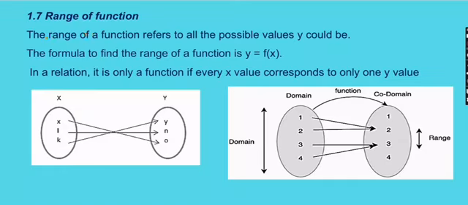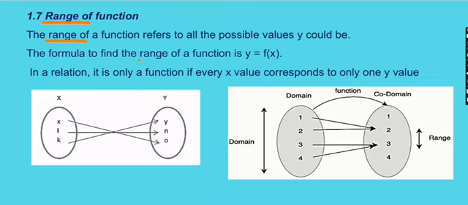Now we will see the diagrammatic representation of a function. This diagram will be helpful to know how x is related to y. Next, what is the meaning of range? That we are going to see. The range of a function refers to all the possible values y could be. That is, I am going to generate certain outputs from x, right? Those outputs, or possible types of outputs that we are going to get, are called the range.